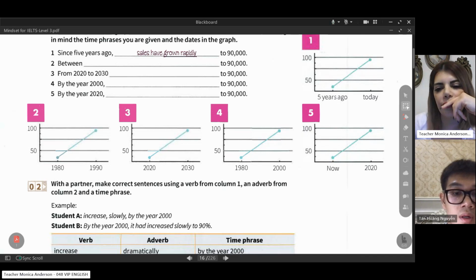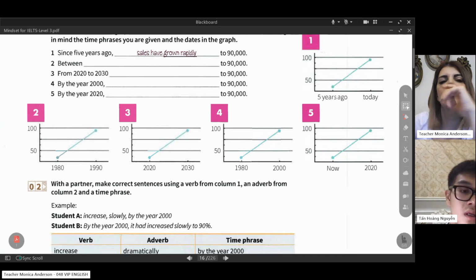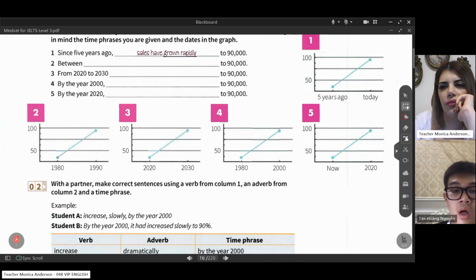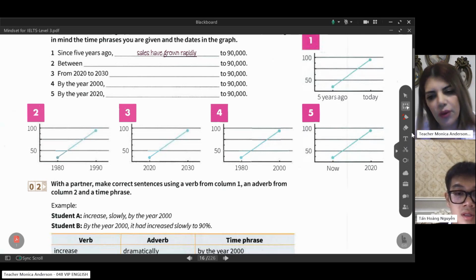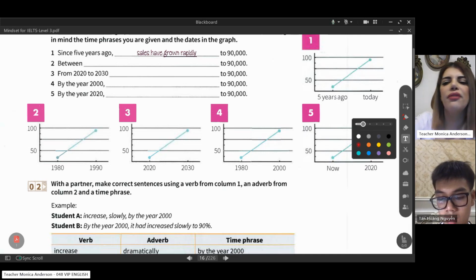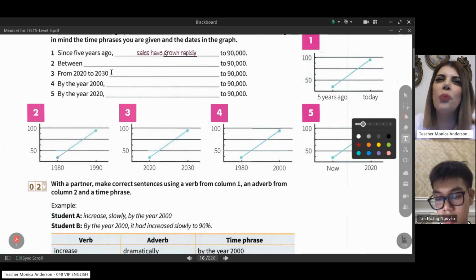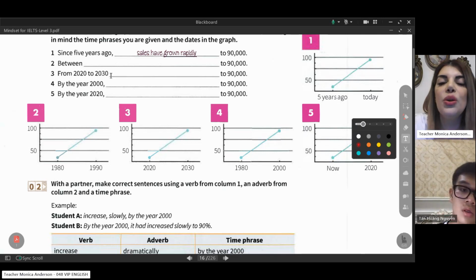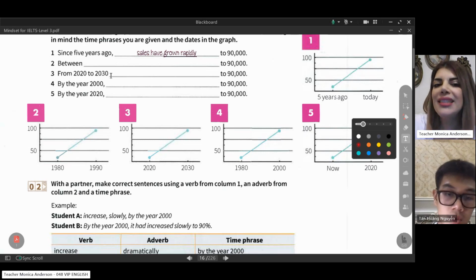So, from 2020 to 2030, sales will grow rapidly. Very good. Will grow. Now, there are two other phrases that you can use instead of will. Will is correct, as you know, we use will for prediction. But this form is like, we're going to predict something by 2030.